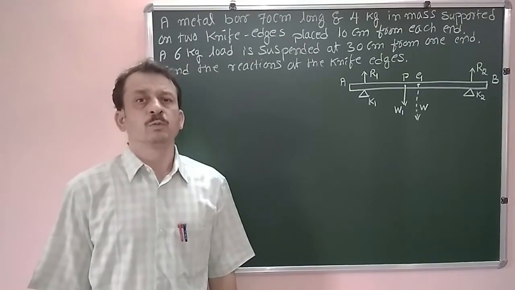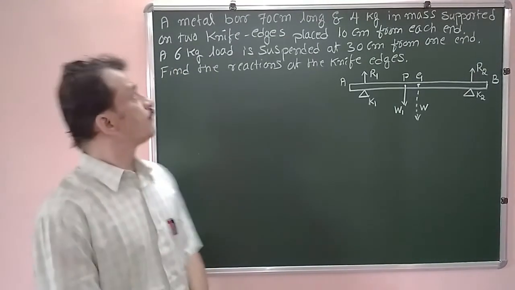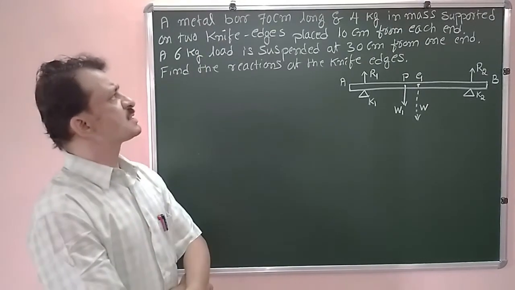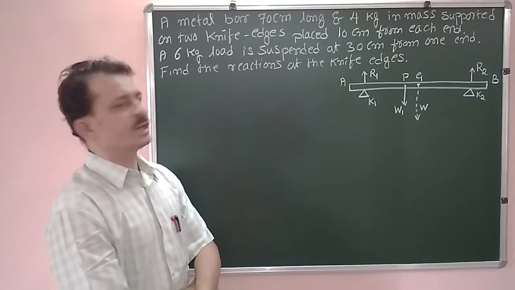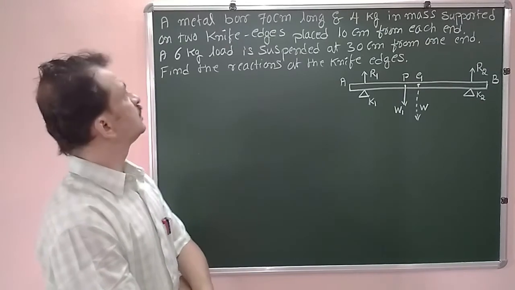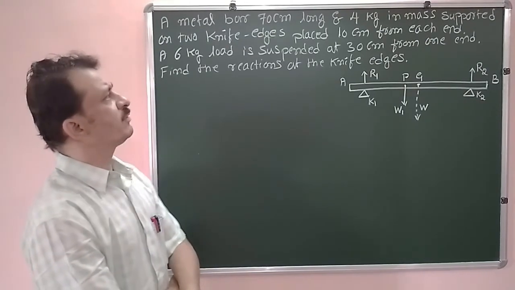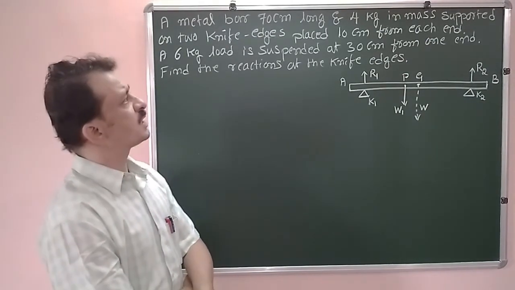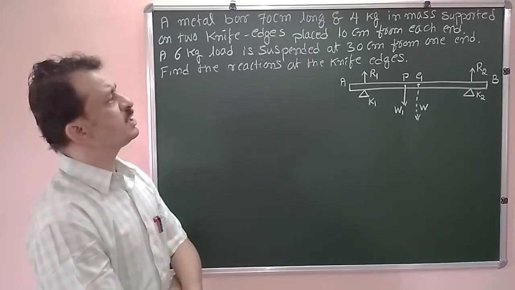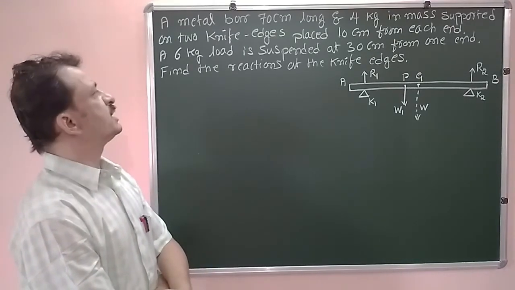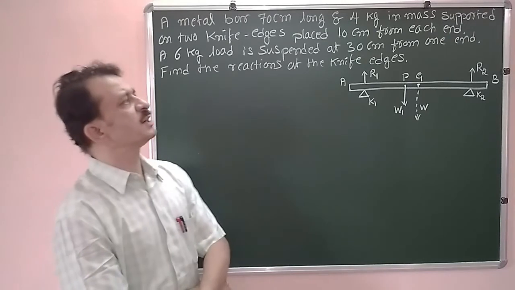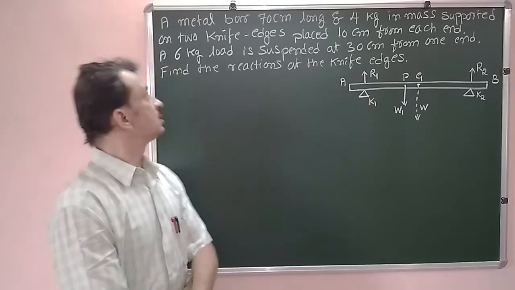Now we will solve one problem regarding the moment of force. A metal bar 70 centimeter long and 4 kg in mass is supported on two knife edges placed at 10 centimeter from each end. A 6 kg load is suspended at 30 centimeter from one end.